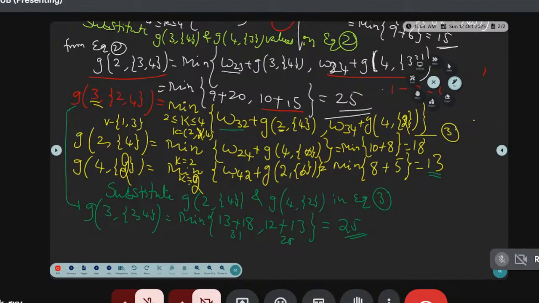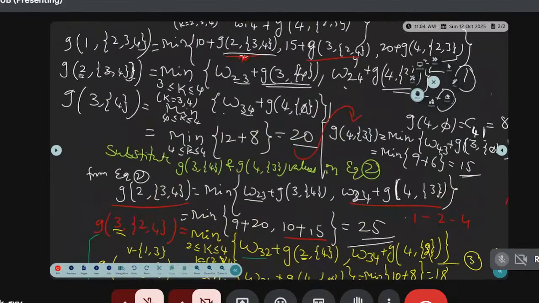Everyone clear? Again I'm asking you, if it is clear then go with g of next. 4 2 3, that is z value.